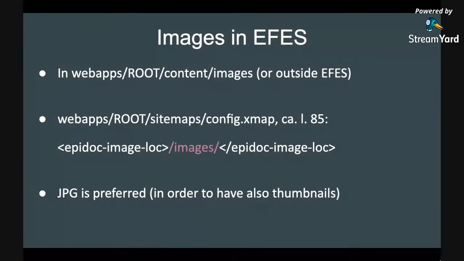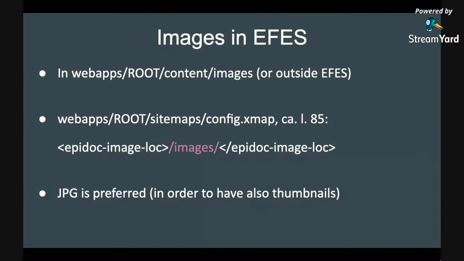And in this case, you have to edit the config.xmap sitemap, which is in webapps, root, sitemaps. And you have to edit particularly the EpiDoc image location variable, which is circa at line 85. And there you can see that by default you have images as standard default location, and you can change it to match the real location of your images.